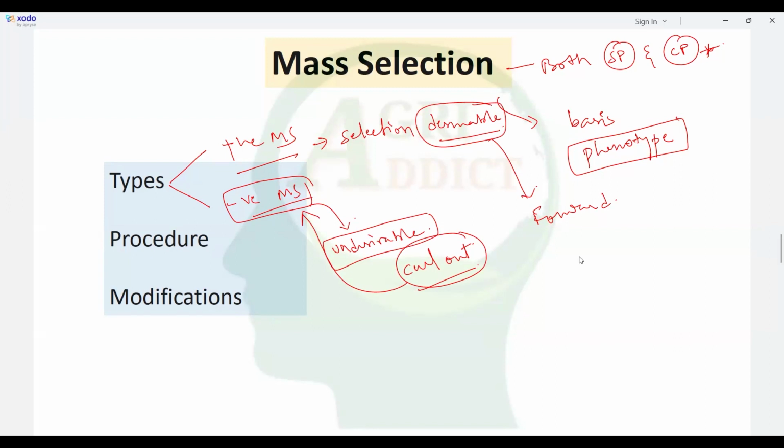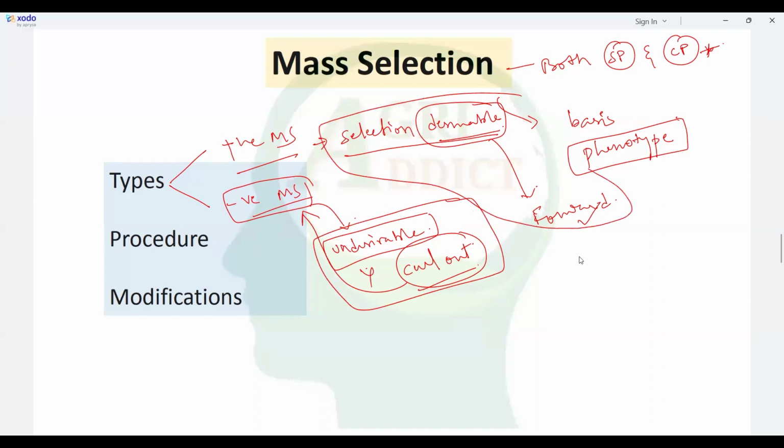So based on these two methods, selecting the desirable one and forwarding them, and culling out or removing the undesirable one, where will you find that we can purify the varieties? In which method? Negative mass selection. Why? We are removing the undesirable ones.